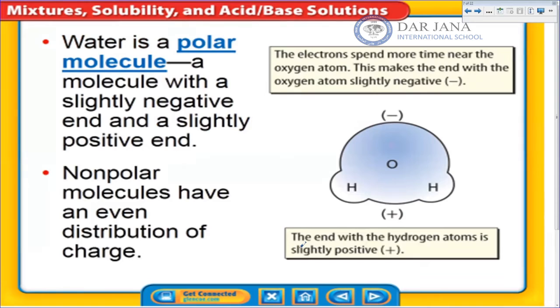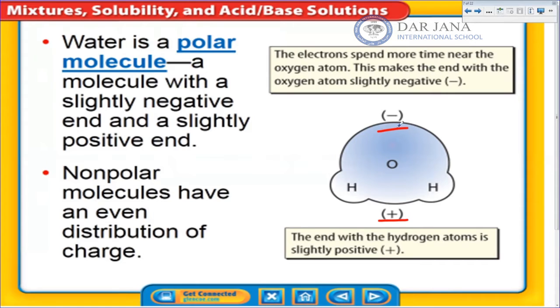Also, as we explained before, water is a polar molecule. So water is polar, a polar molecule with a slightly negative end and a slightly positive end, as you can see here. The electrons spend more time near the oxygen atom.